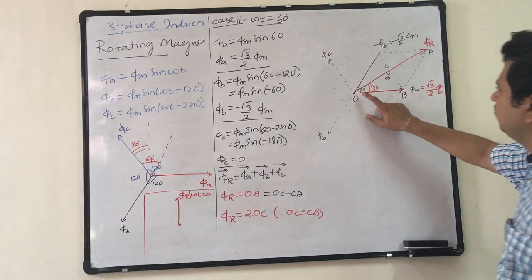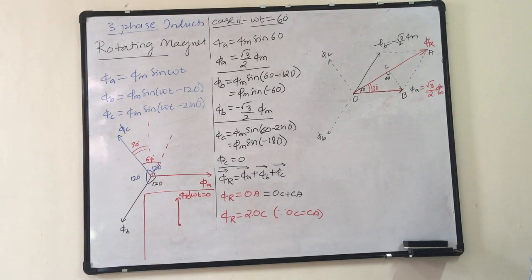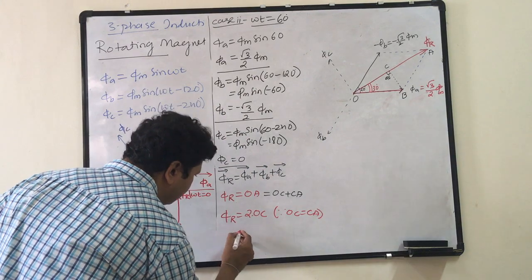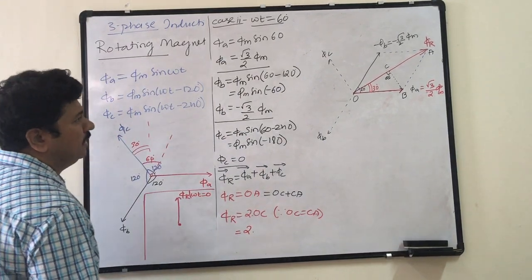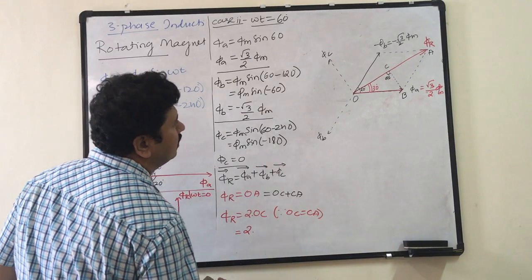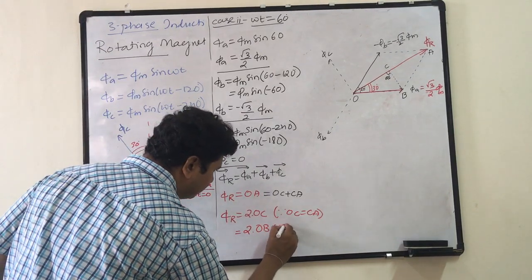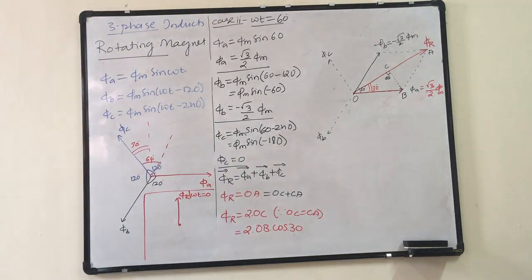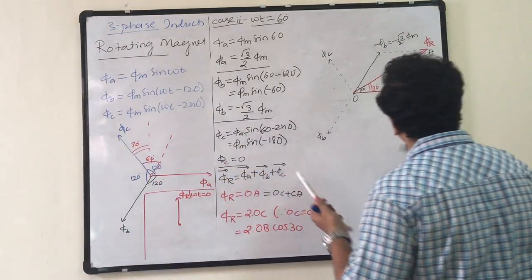OC forms the base of the right angle triangle OCB. So I can write 2 into OC is equal to OB cos 30, because OB is the hypotenuse in this triangle. I hope this is visible.